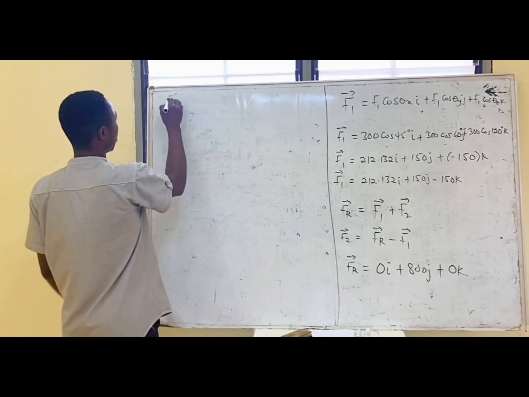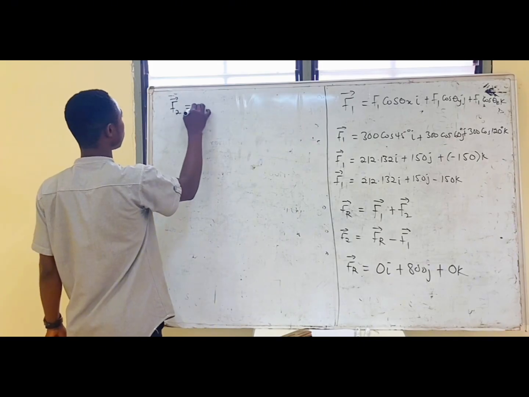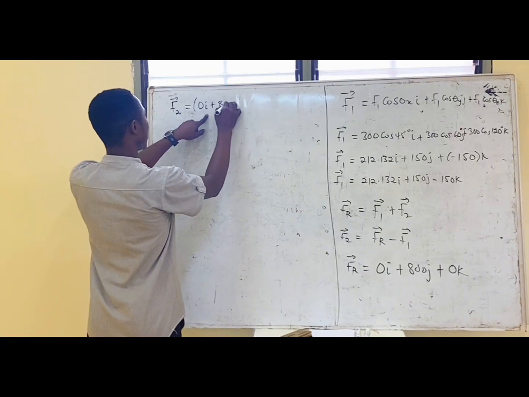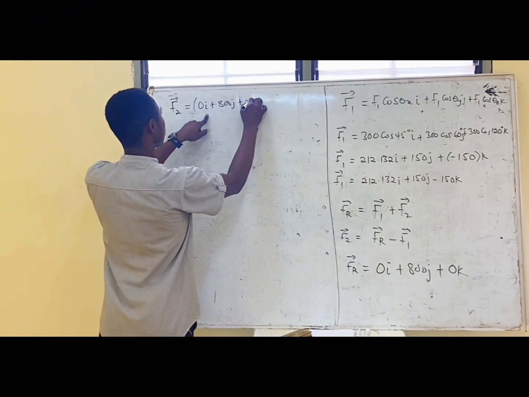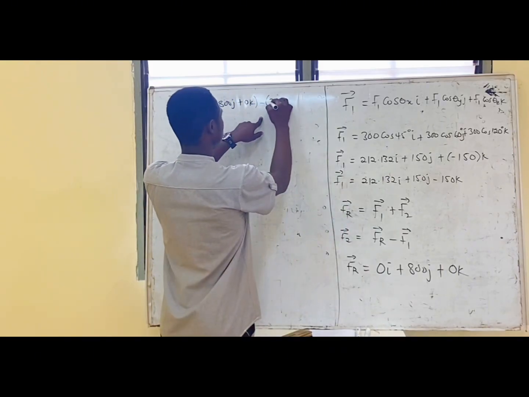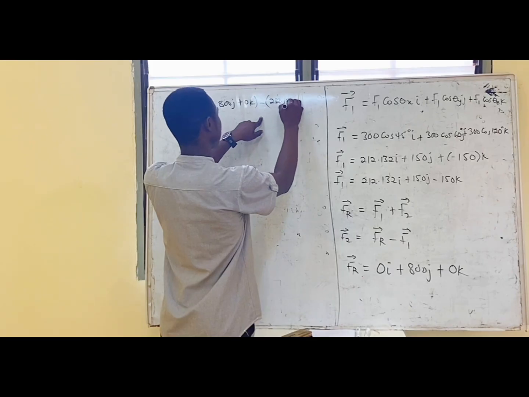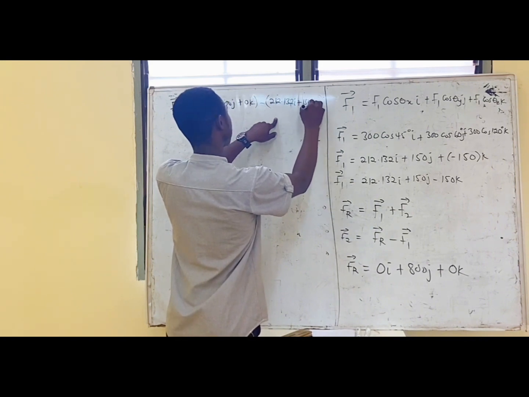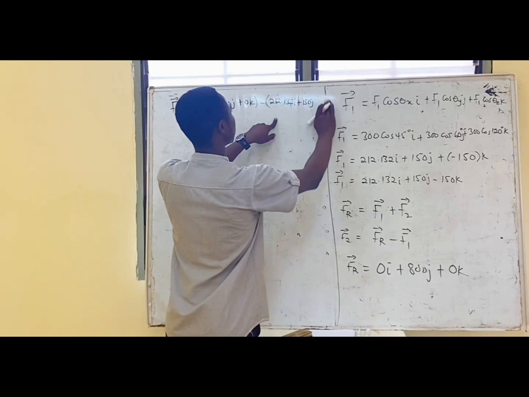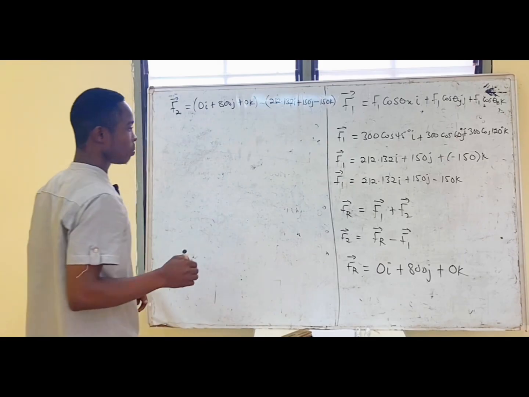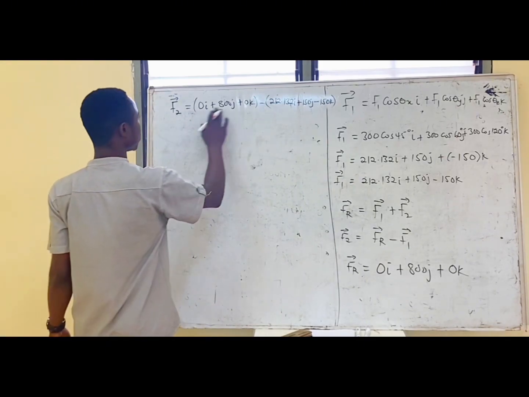So we have F2 bar equal to FR, which is 0i plus 800j plus 0k, minus the whole of F1 bar, which is 212.132i plus 150j minus 150k. Please, I hope you are with me. Very good. Now we are going to do this subtraction.